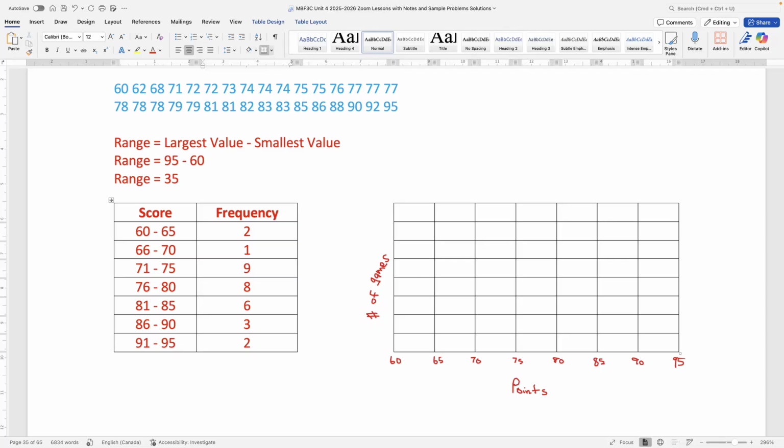Okay. So there we have the frequency, which will be the number of games in each of those ranges.